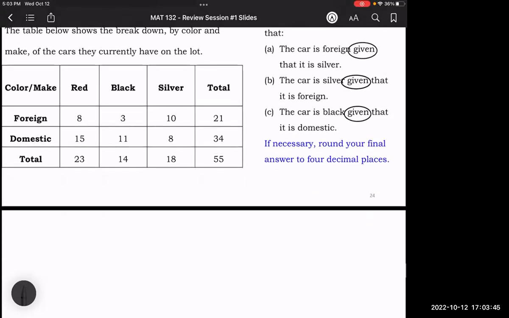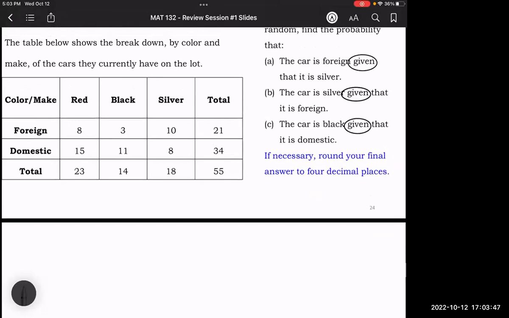Okay, so let's write out the formula. I'm not actually going to solve this problem using the formula exactly. I'm going to do it intuitively. So the word given, when you see it, it implies conditional probability. Edwin, you're there? You're going to see this tomorrow. So for conditional probability, the formula states the probability of B given A, right?